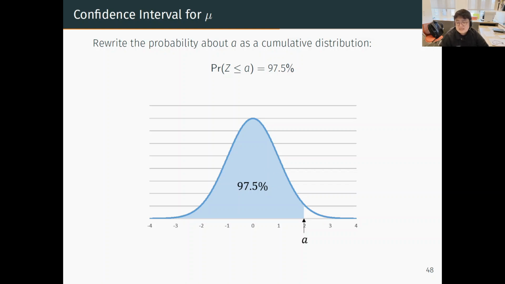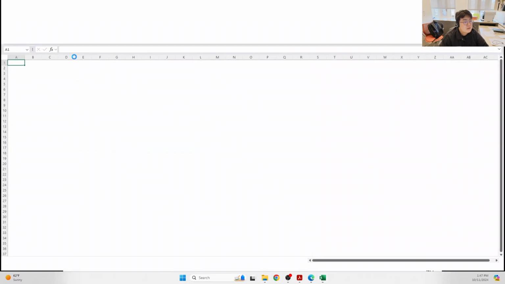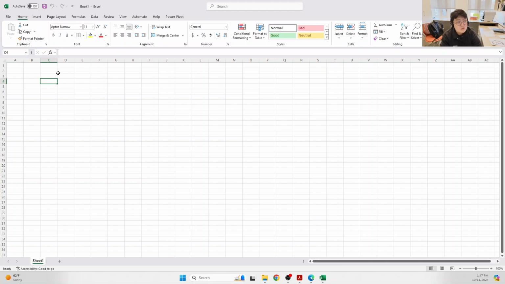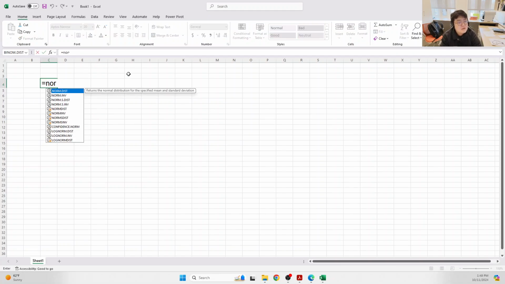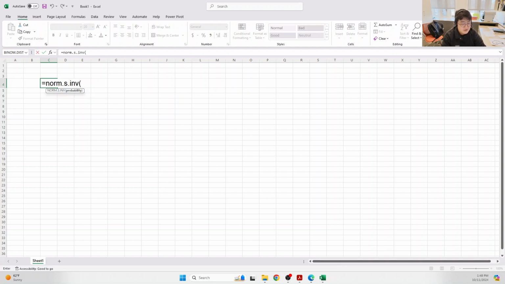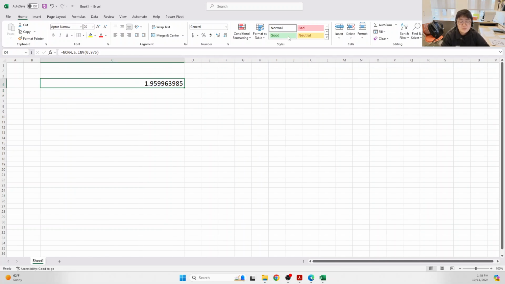So from Excel, let me open my Excel. So here we are going to find NORM.S.INV. We are going to invert the standard normal CDF for 0.975, like 97.5%. Then you get this number.